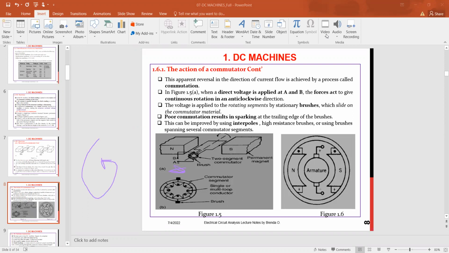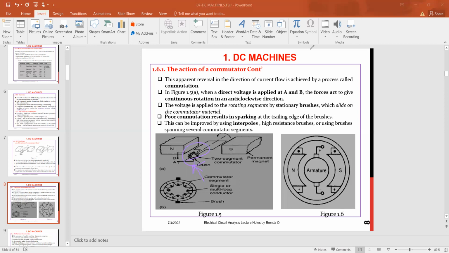This is our brush. Those are stationary brushes which slide on the commutator material. This is the commutator, the two segment commutator here. We'll see how to draw the segments differently so that they can be visible. In our next video, we'll discuss commutator segments.